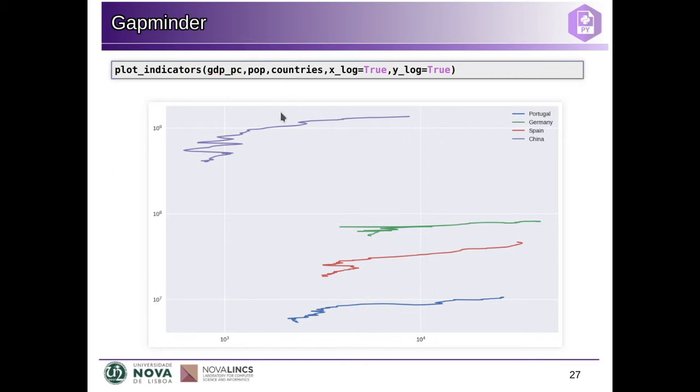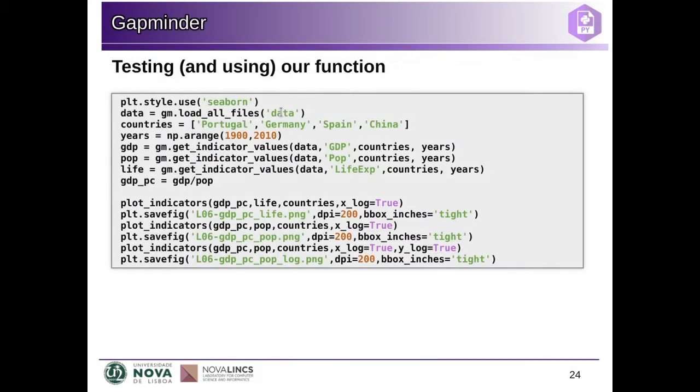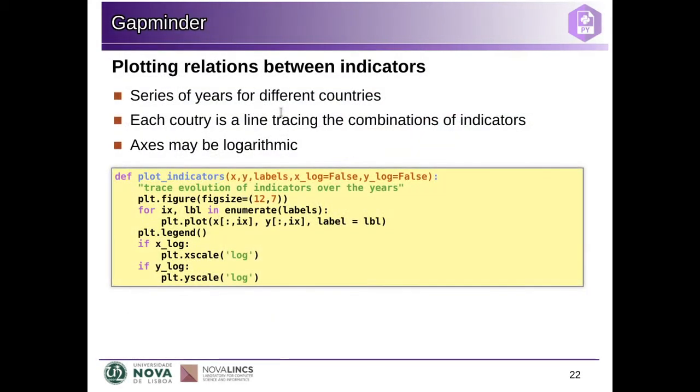So this is an example of how we can use the functions we saw in the previous lecture, where we store our data as a dictionary of dictionaries, and then that function to extract matrices of specific years, and we create a sort of semi-generic plotting function where we just plug in the indicators that we want, whether we want logarithmic axes or not, and we plot the graph.